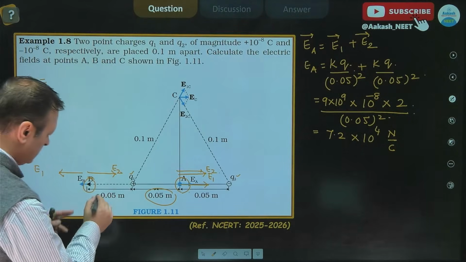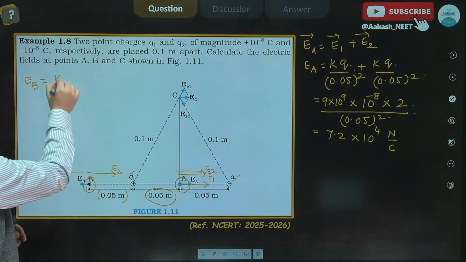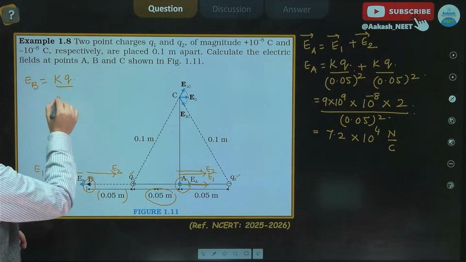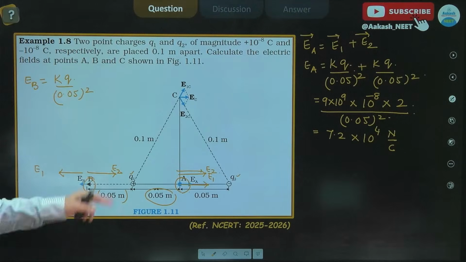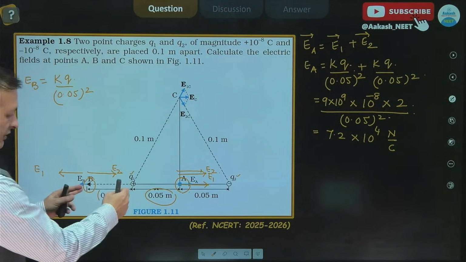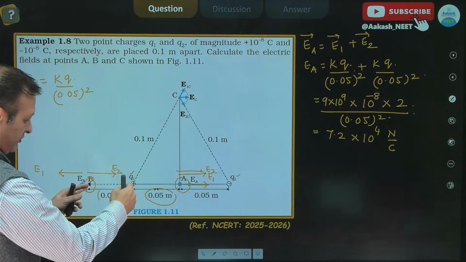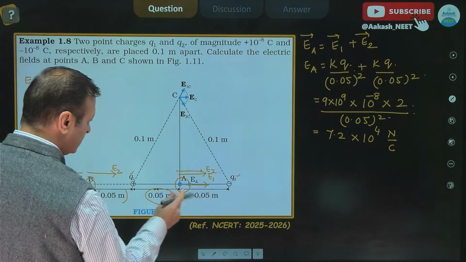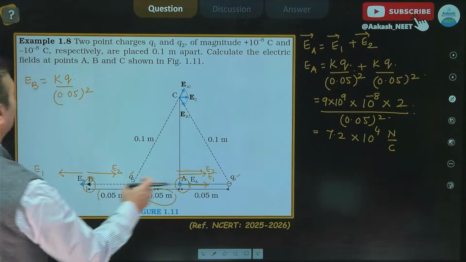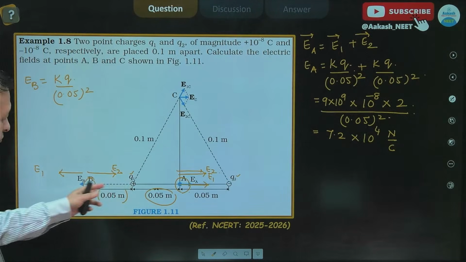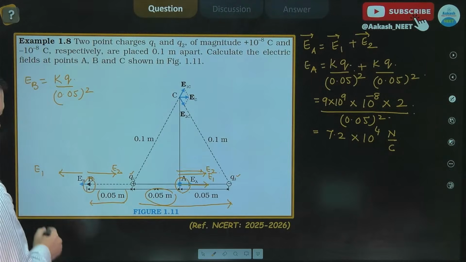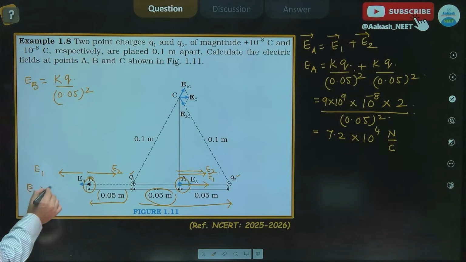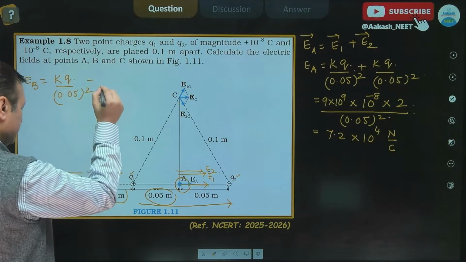What is the net electric field in terms of magnitude? This E1 is KQ by R square, and E2. If you look at the separation, this distance is 0.05 and this distance is 0.1 plus 0.05. So this separation is more. So E1 would definitely be more than E2, and the resultant would be E1 minus E2.